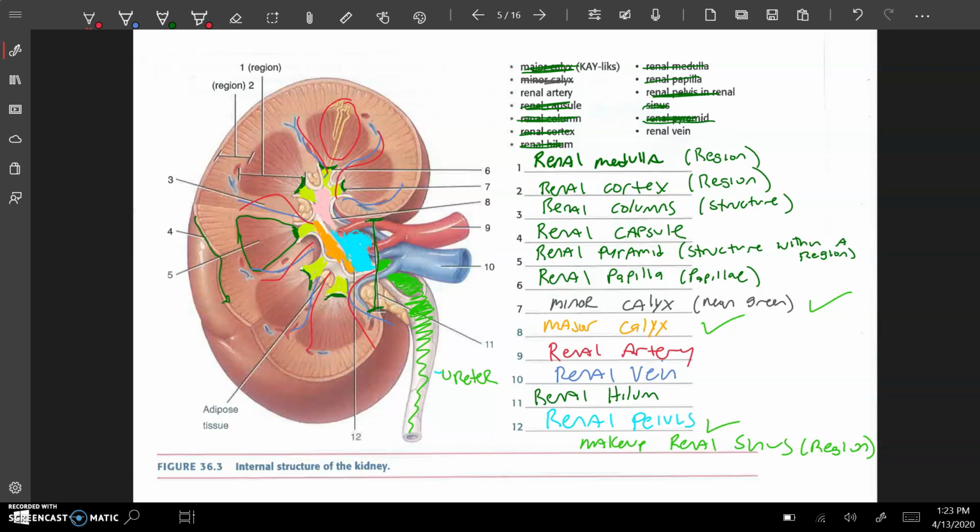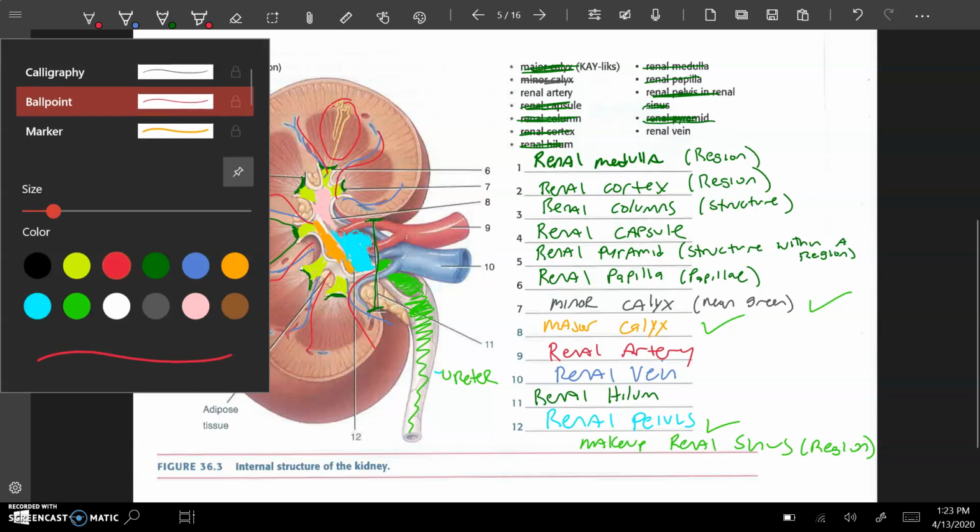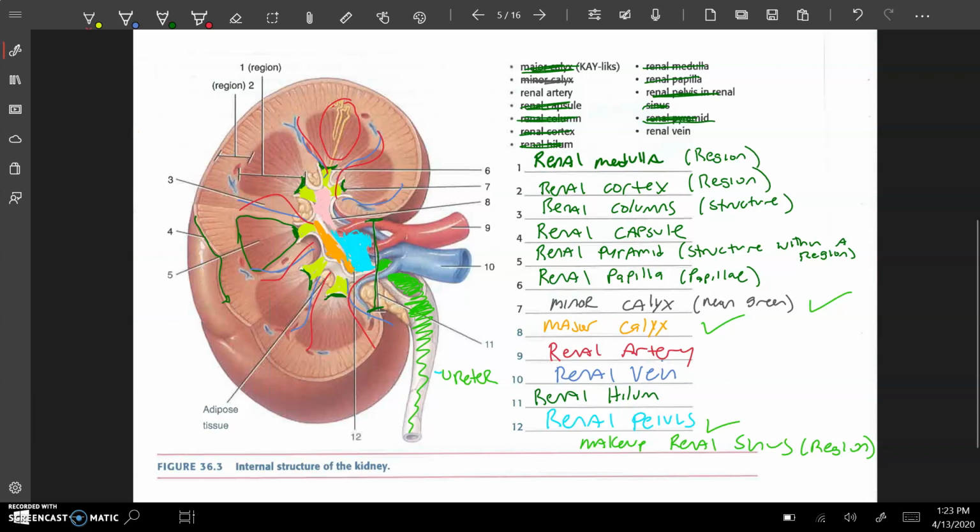Now urine will start to accumulate. Urine is going to come all the way and collect here at the renal papillae. It's going to be formed in the cortex and the medulla, and collect in the renal papilla.